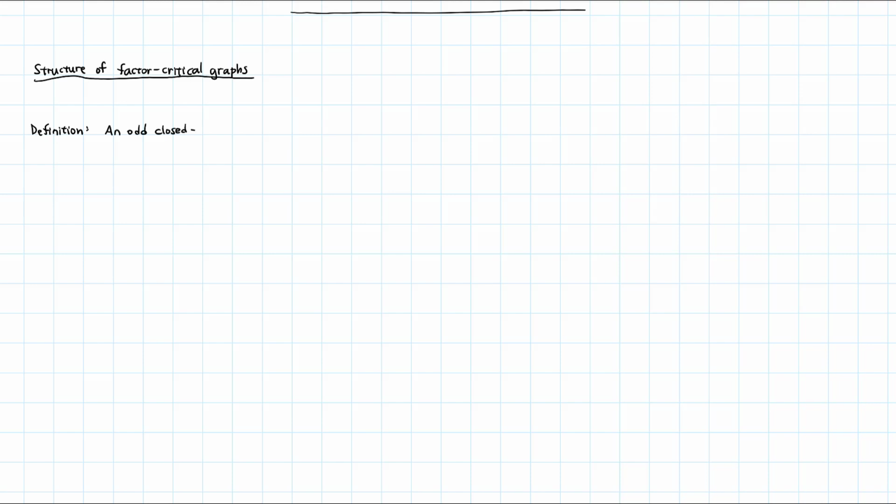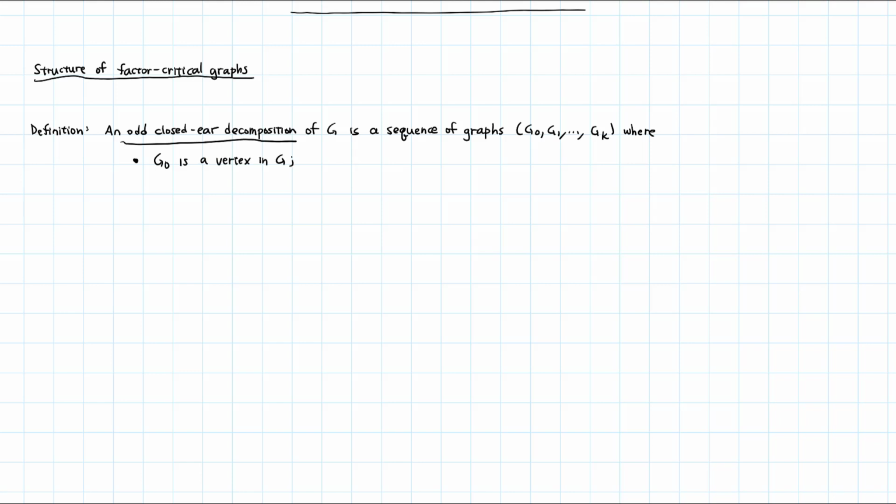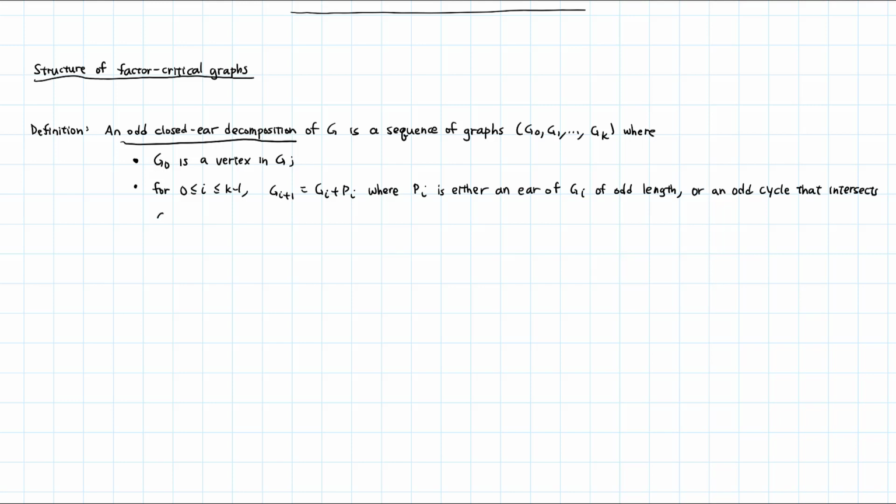An odd closed-ear decomposition of G is a sequence of graphs G0 to Gk where G0 is a vertex in G. For any i between 0 and k minus 1, we can get G(i+1) from Gi by adding Pi, where Pi is either an ear of Gi of odd length or an odd cycle that intersects Gi at exactly one vertex.